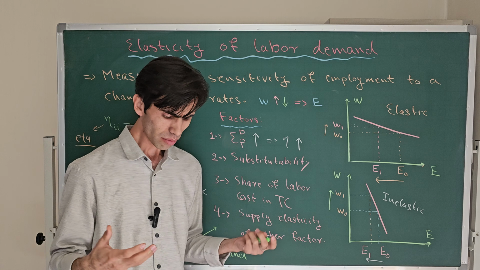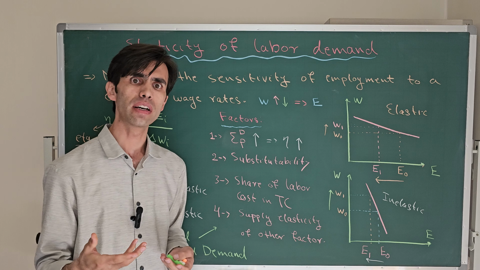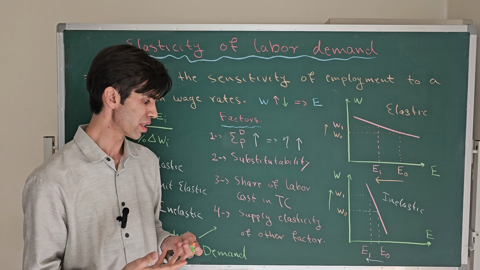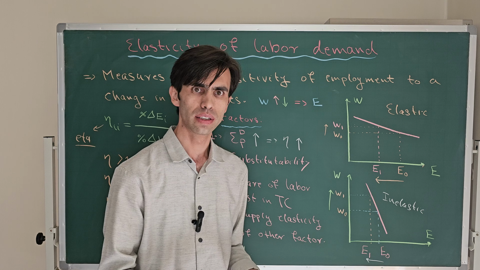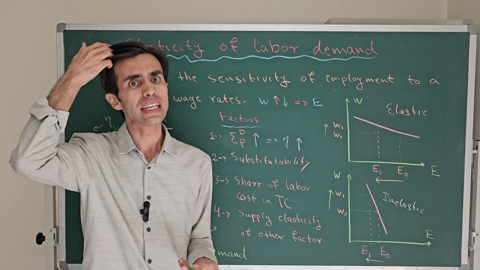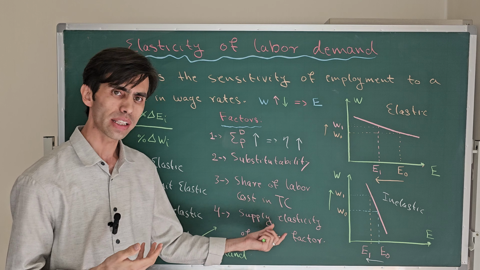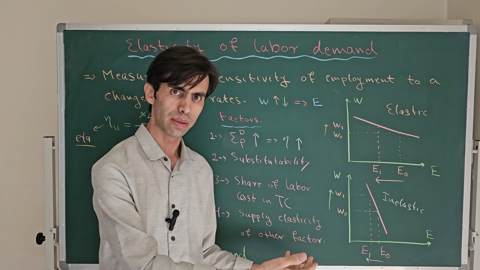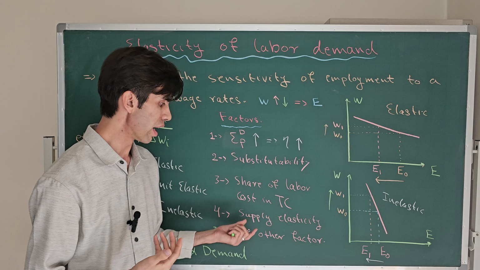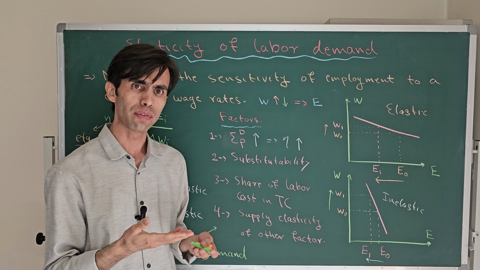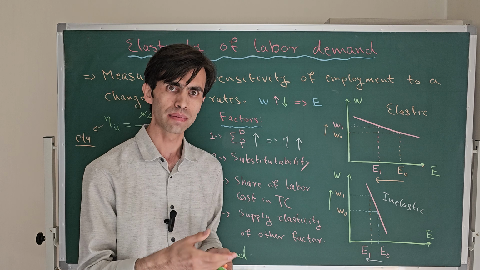For example, when the wage level increases, the employers may want to substitute other factors for labor. Suppose the elasticity of supply of capital is high.